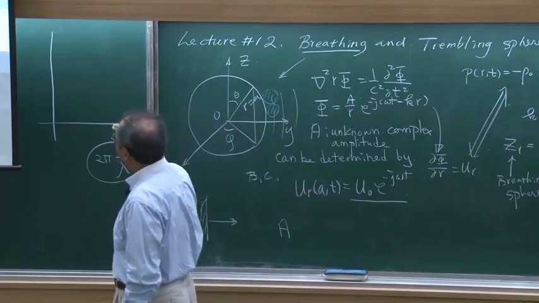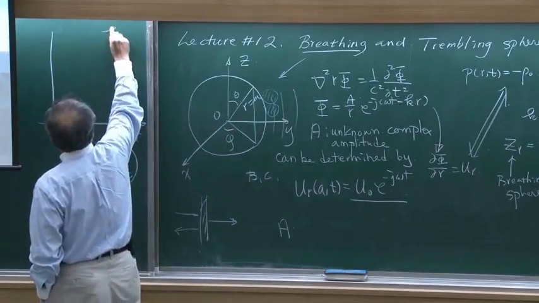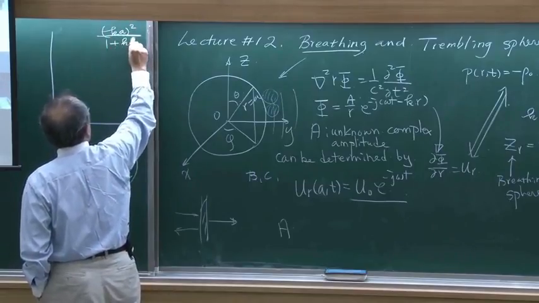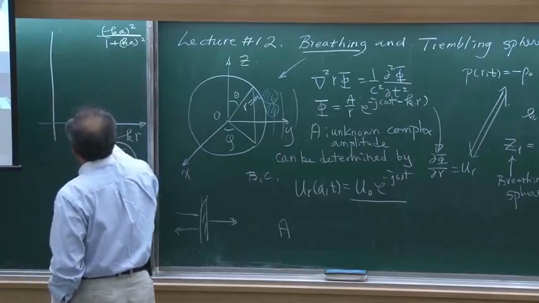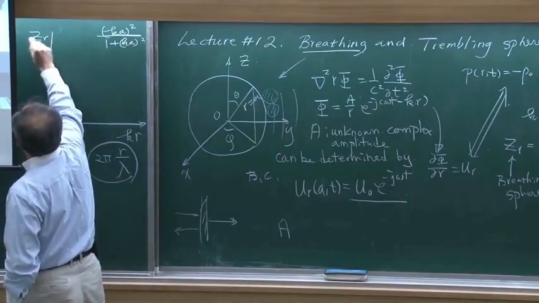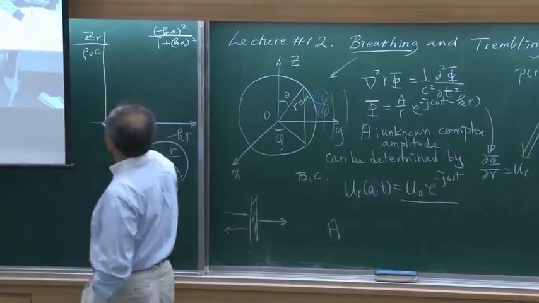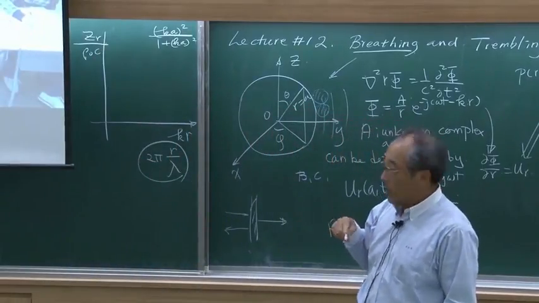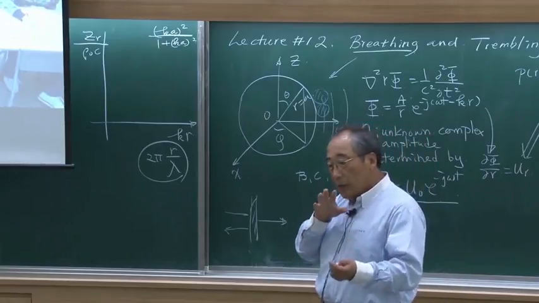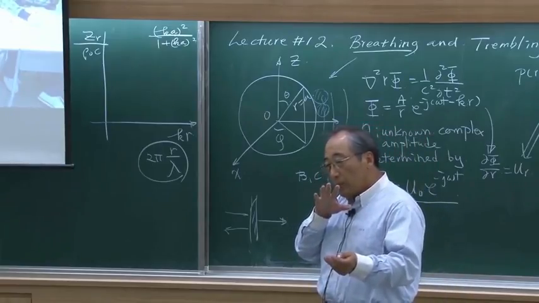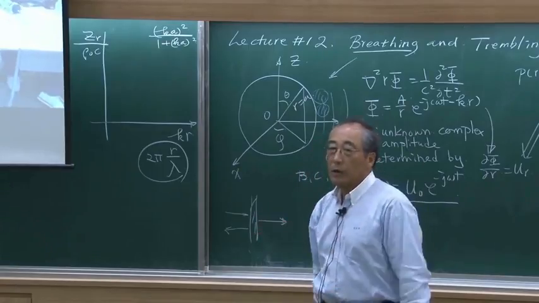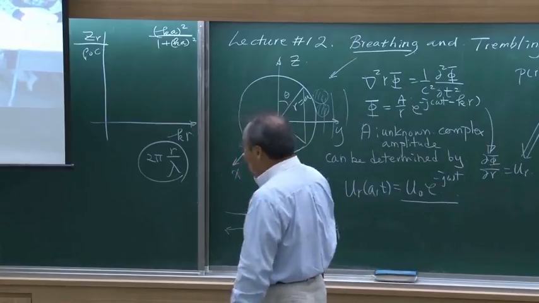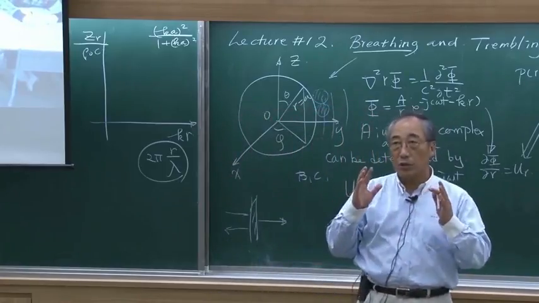And the real part behaves like ka squared over 1 plus ka squared. So if I normalize the radiation impedance with rho 0 c, which is the characteristic impedance of the medium, that means I want to see the radiation impedance compared with the plane wave. That's a very interesting way to see the physics associated with the breathing sphere.